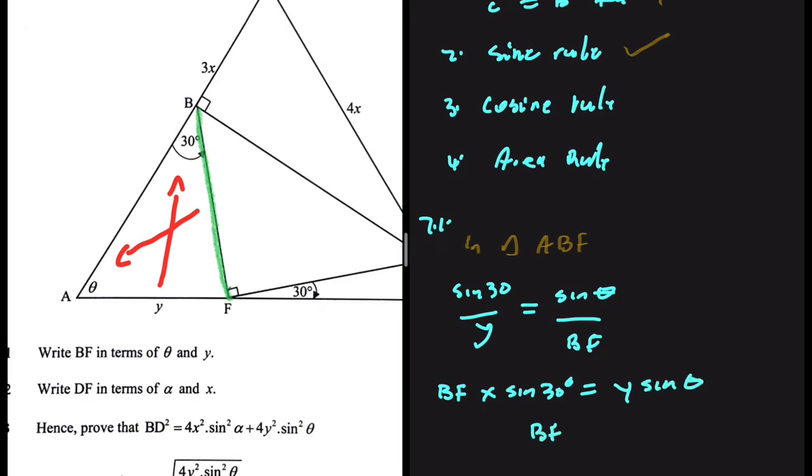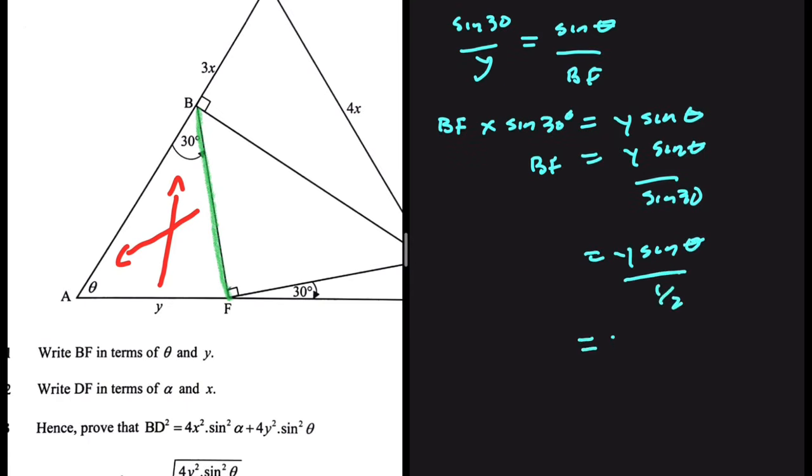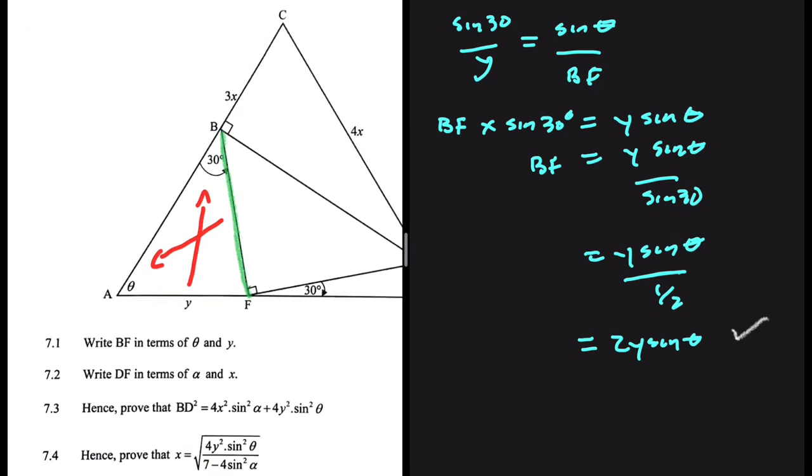So BF is equal to y multiplied by sine of theta divided by sine of 30. But sine of 30 is special. So BF is going to be equal to y sine of theta divided by a half. This is just equal to 2y sine of theta. Our answer to 7.1.